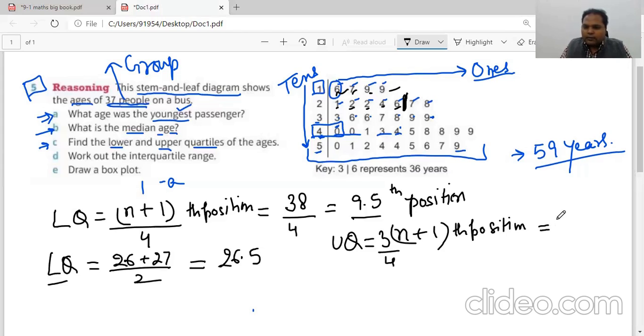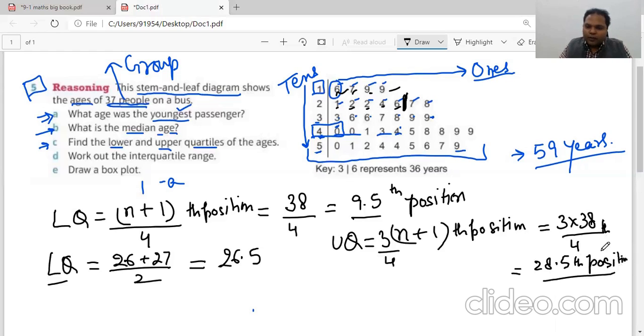That's basically 3 into 38 over 4 position, which is 28.5th position.